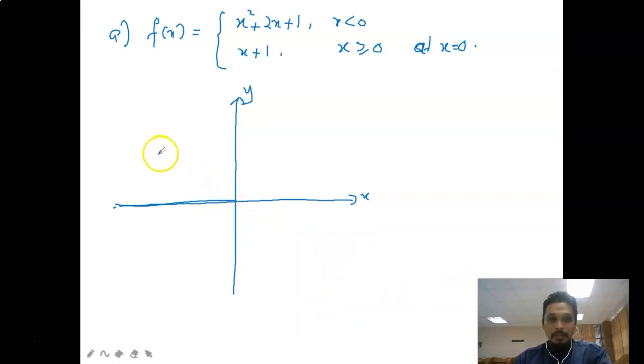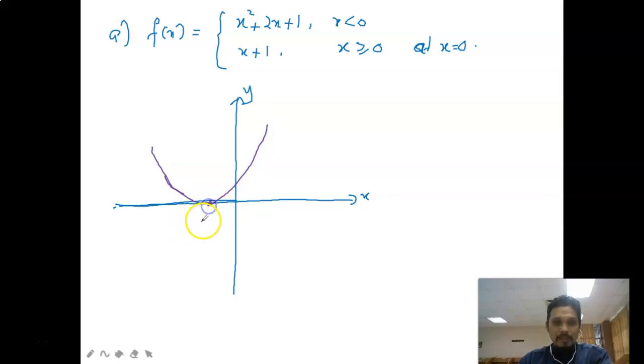Okay, so this is the graph. Okay, there you go.